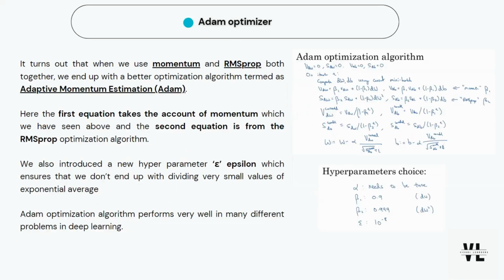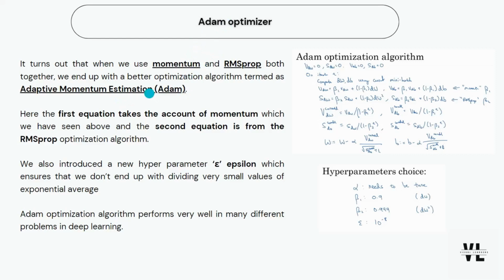Finally, we have arrived at the last optimizer, which is known as Adam optimizer. It turns out that when we use momentum and RMSProp both together, we end up with a better optimization algorithm termed as adaptive momentum estimation.